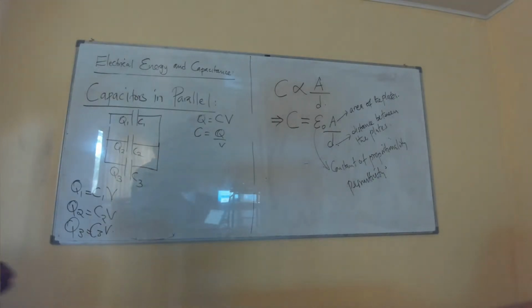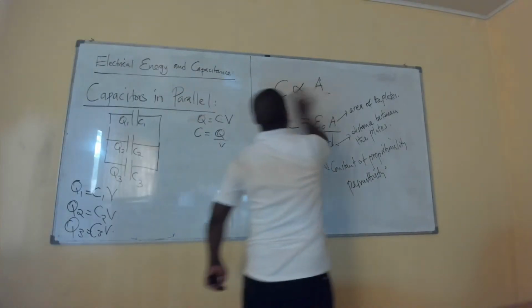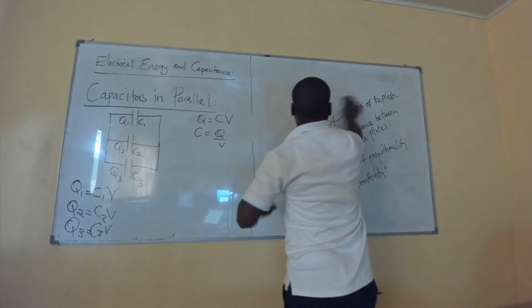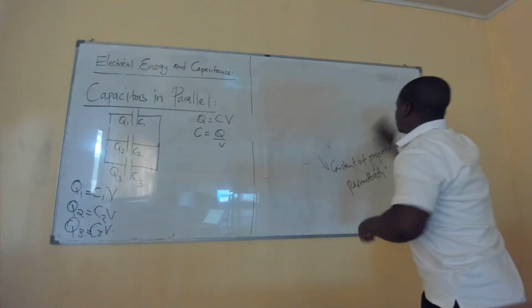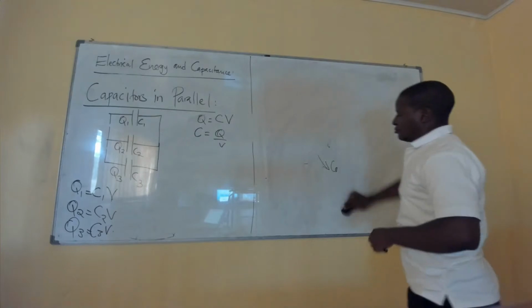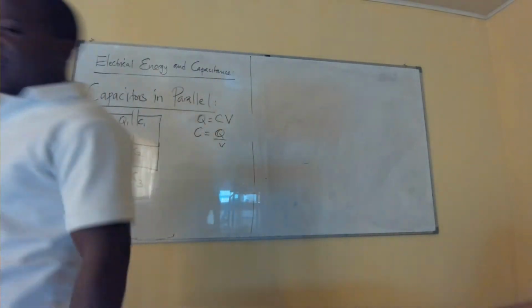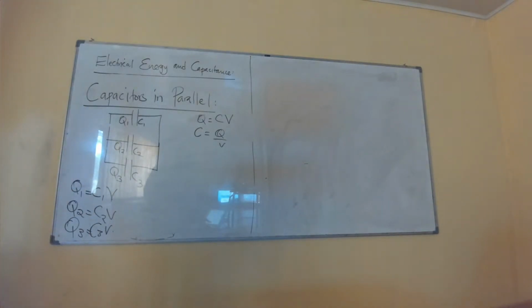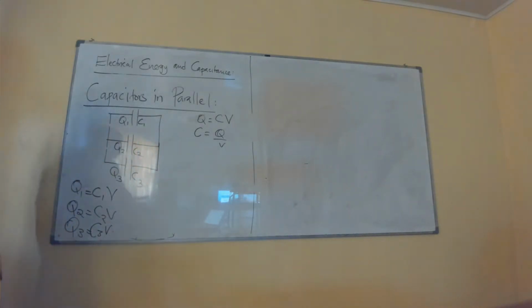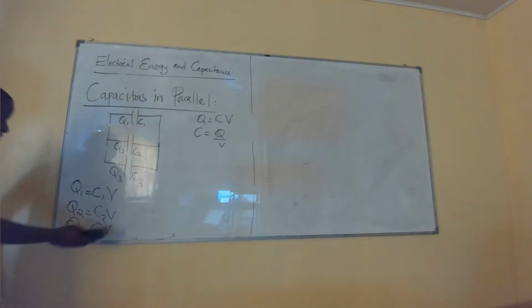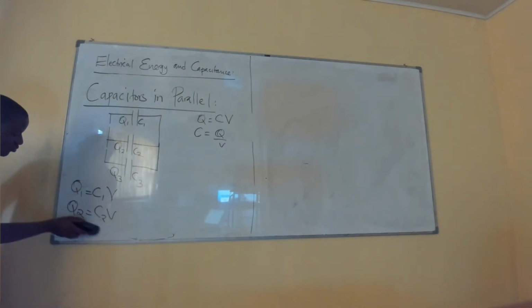Now, in this case, we want to find the equivalent capacitance. How do we do that? We want to find the total capacitance in our case. Let's say, in fact, we are going to remove the last one, just remain with 2.